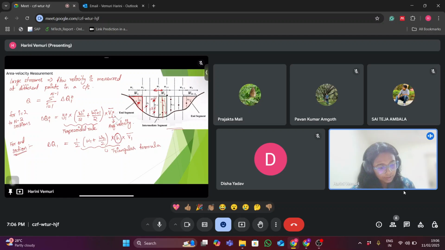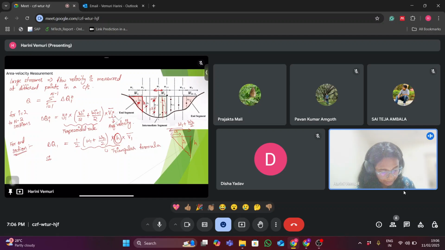So here what will be the h, this value, and how will we get that h? From the similar triangles method, when it is W1 we have Y1, right? When it is this entire length, W1 plus W2 by 2, this is H. Okay.